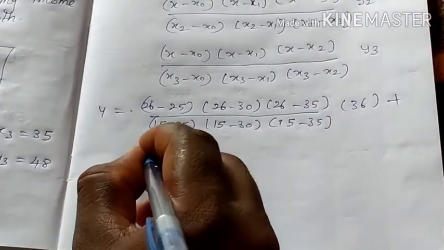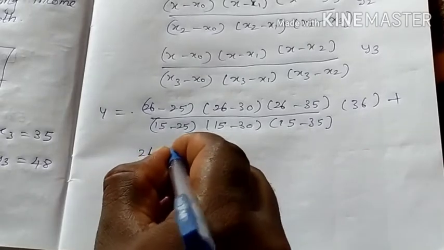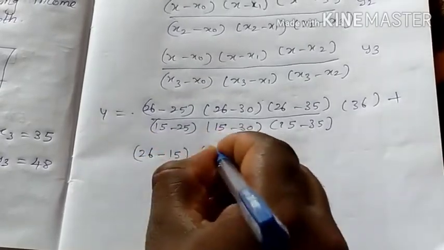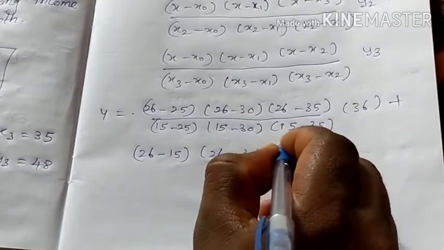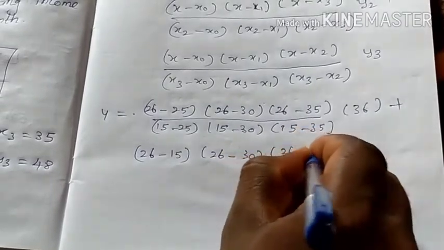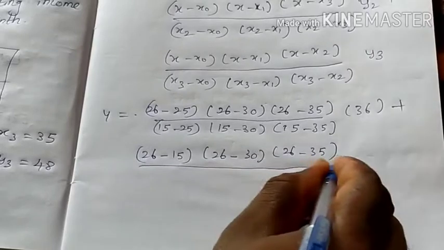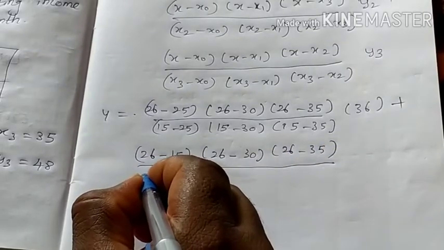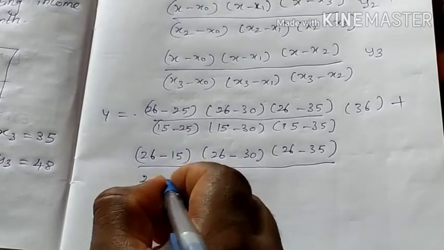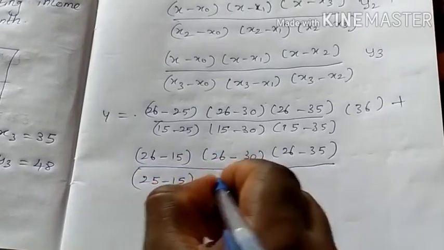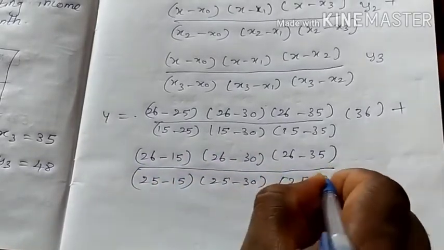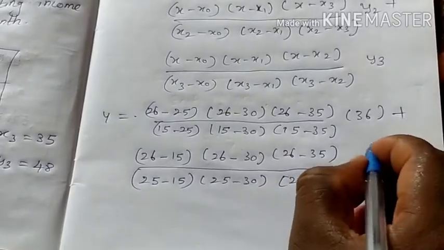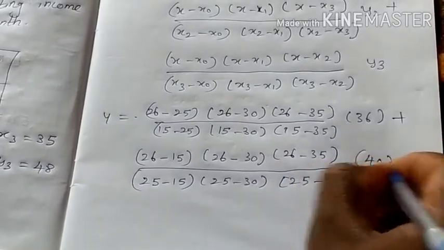Then 26 minus 15, 26 minus 30, 26 minus 35, divided by x1 value 25: 25 minus 15, 25 minus 30, 25 minus 35, and y1 value is 40.